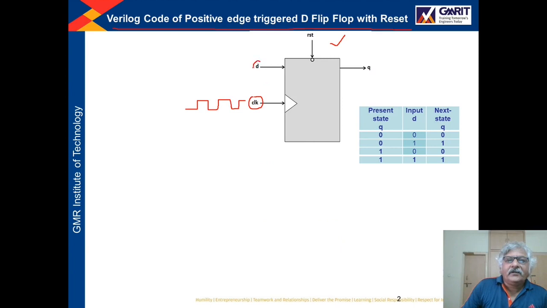Now here there is an input called the D input. So when the clock receives the positive edge, means this edge, right? This is the positive edge. When the clock is going from 0 to 1, this is your positive edge.